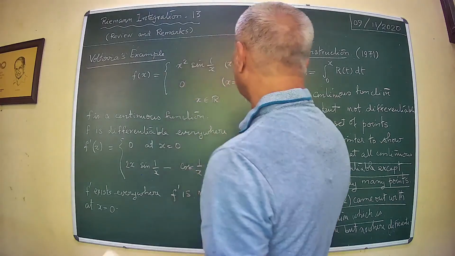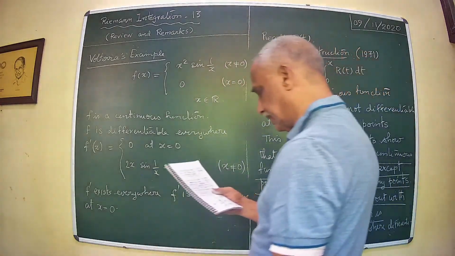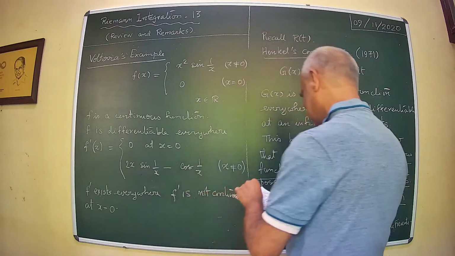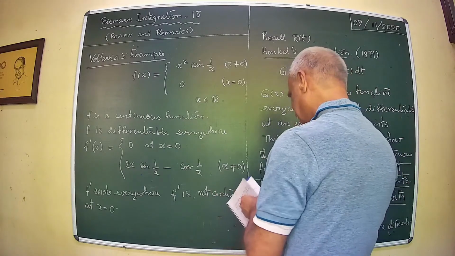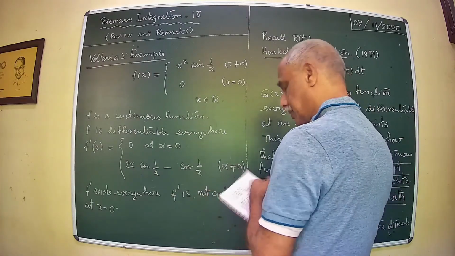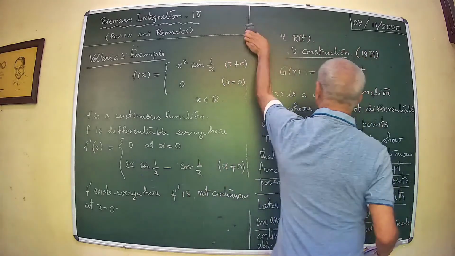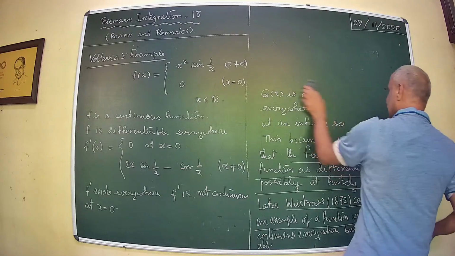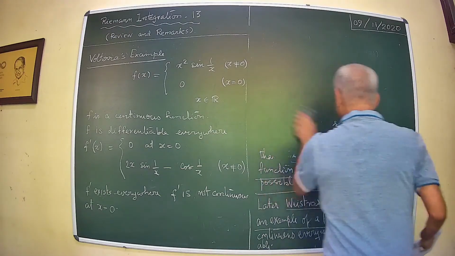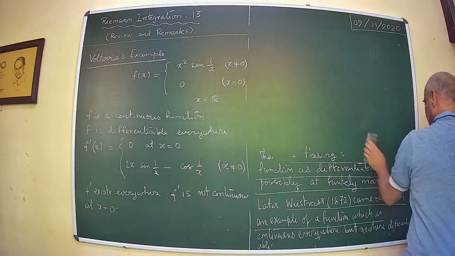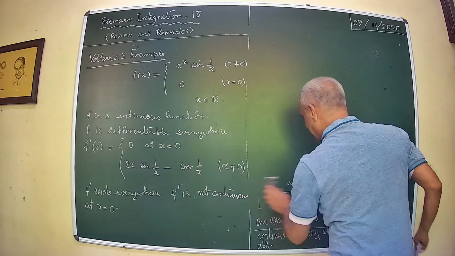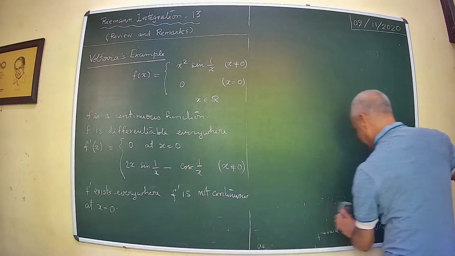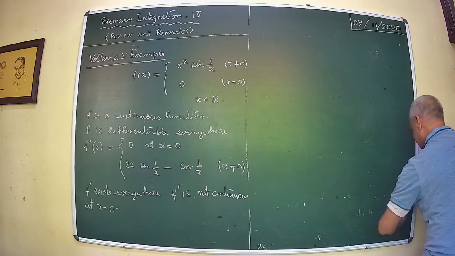Now, starting from this function, we construct a function on the interval a, b. This is our mother function that we start working with, and from which we generate a new function on the interval, and then use that to define something on the interval 0 to 1 or something like that.